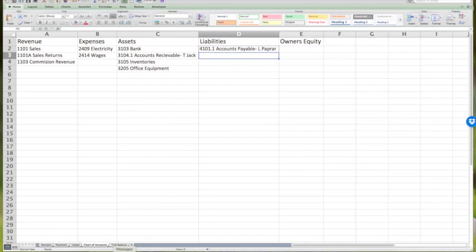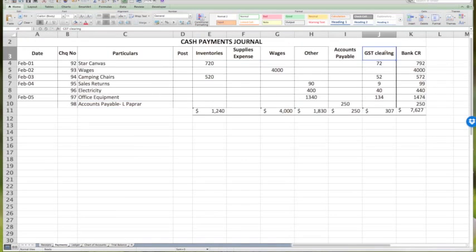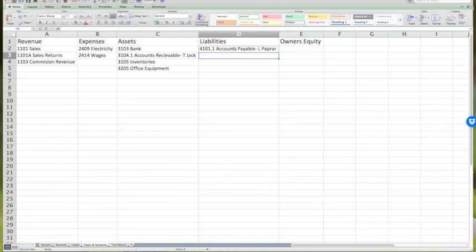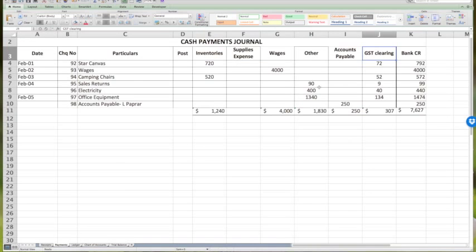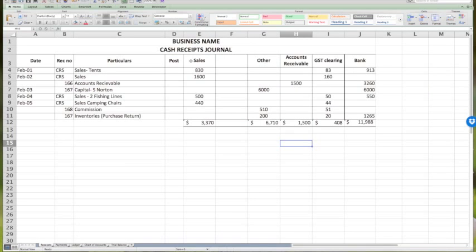We've also got an account for GST clearing across the top there, so we'll pop that in too. Okay, have a quick check down the other column. Are there any liability accounts in there? Nope, nope, nope. Quick check of the cash receipts journal. Don't see any liability accounts in here, so that's all good.